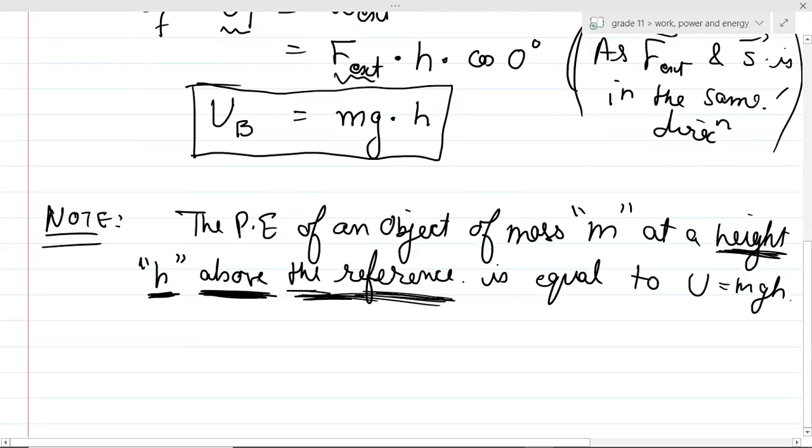Because whenever we talk about above the reference point, it will be above the reference, right, against the direction of gravity.